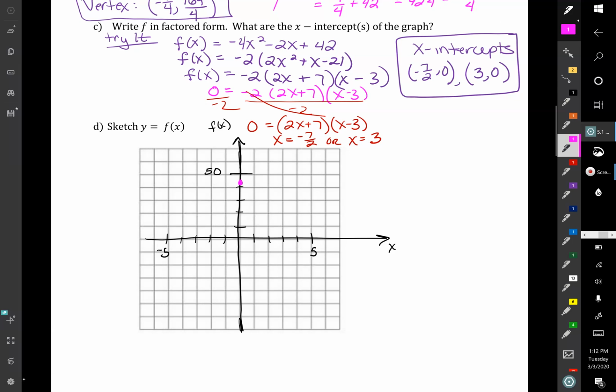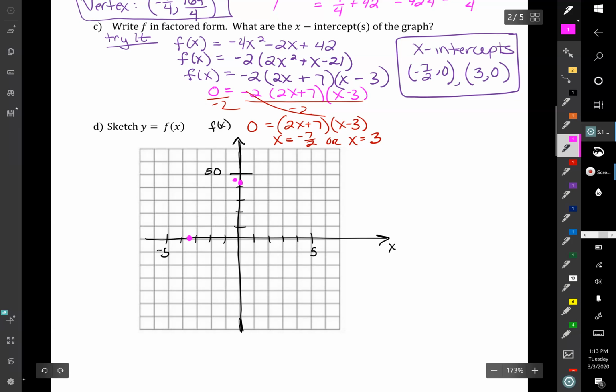My vertex was 42 1/4, and that's where if I have it as improper, I might want to make it a mixed number just to know how that's going to sit. So it's just a tiny bit, and then -1/4, so it's just a tiny bit to the left and up of that. And then my intercepts, I had -7 halves, which is -3.5.